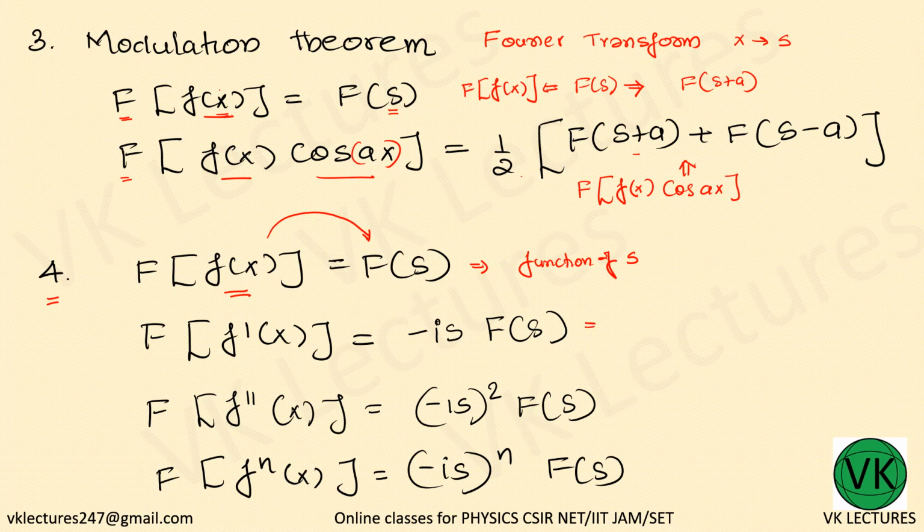So if you have the first derivative of a function, you first get the Fourier transform of the original function, then multiply by minus is. Now the Fourier transform of the second derivative of the function will be minus is squared times F of s. For the nth derivative, minus is to the power n times F of s. I hope this is clear.